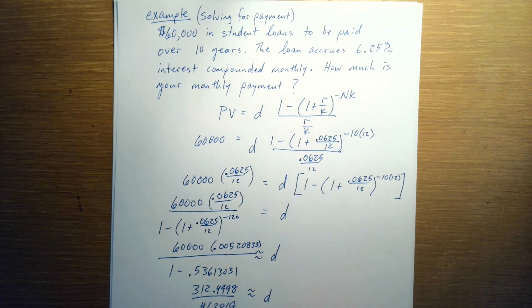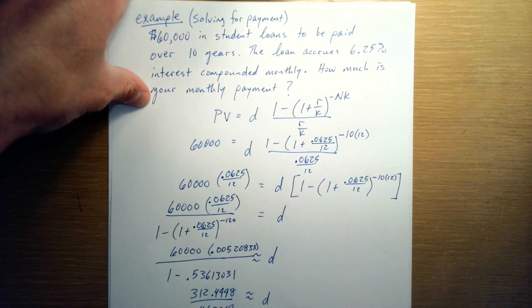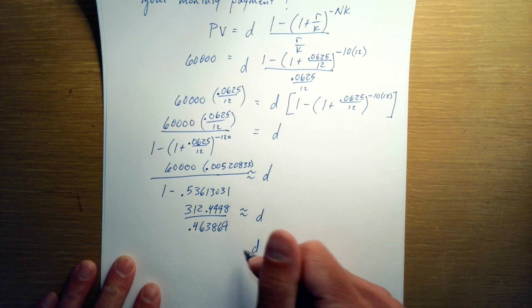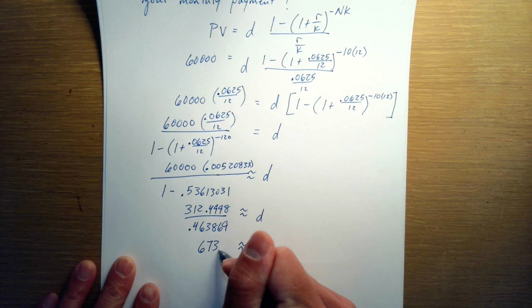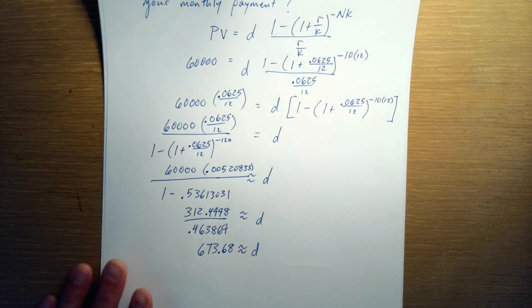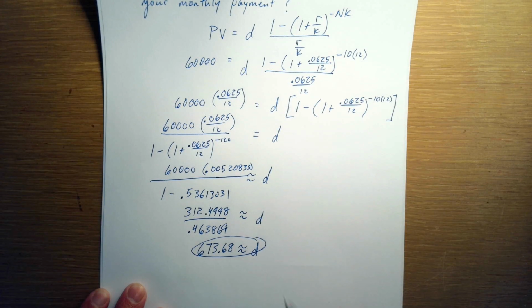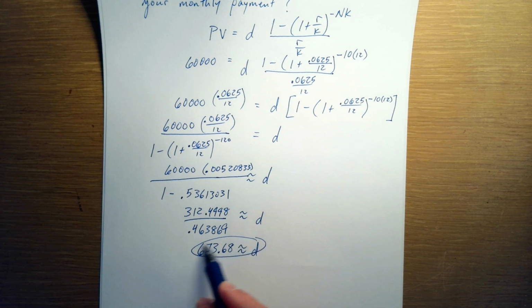Combining all this together, I get D is approximately 673.68. So this would be our monthly payment. Pay off $60,000 in 10 years, 6.25% compounded monthly. Your monthly payment is $673.68. And that solves our initial problem.